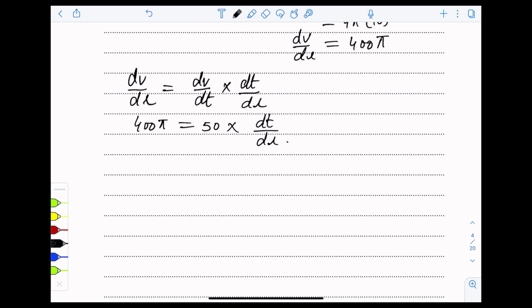So from here dt over dr is equal to 400 pi over 50.